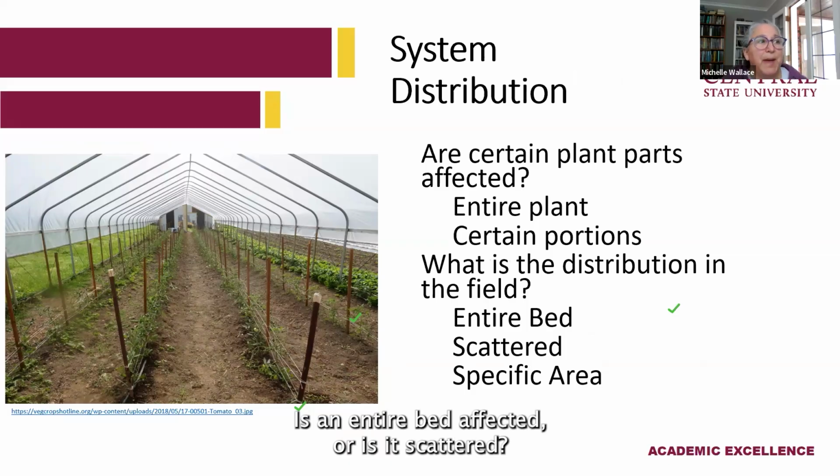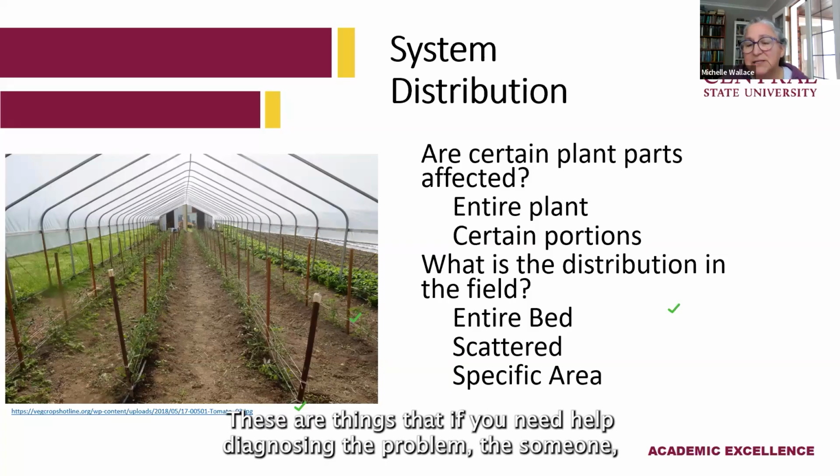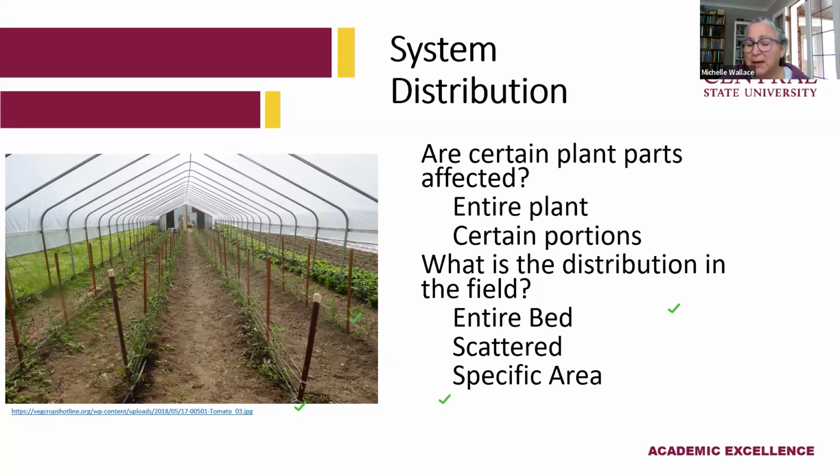Is an entire bed affected, or is it scattered? These are things that, if you need help diagnosing the problem, someone who is a plant pathologist is going to ask you to help them figure out the problem.